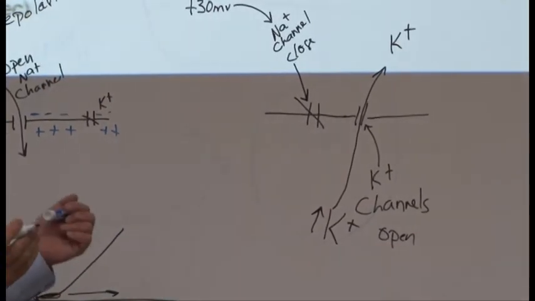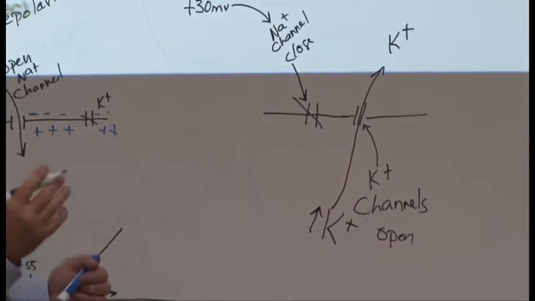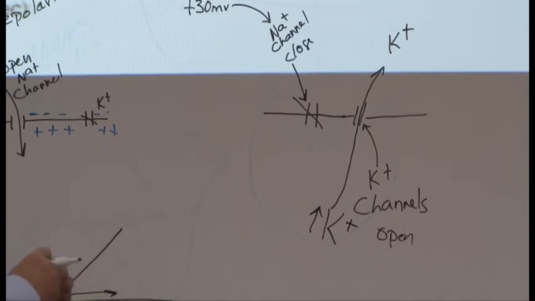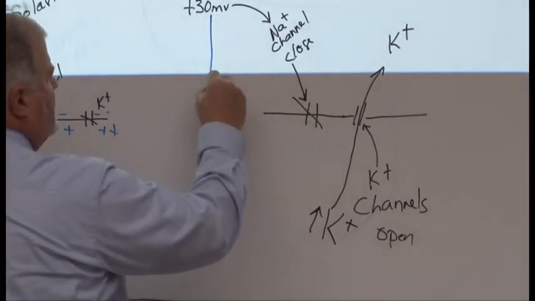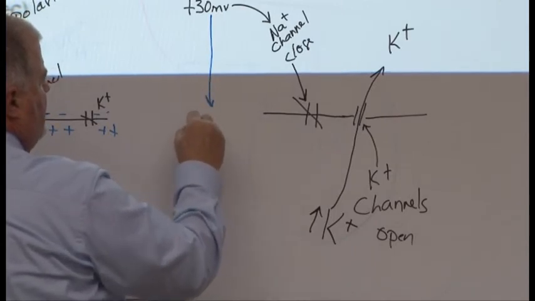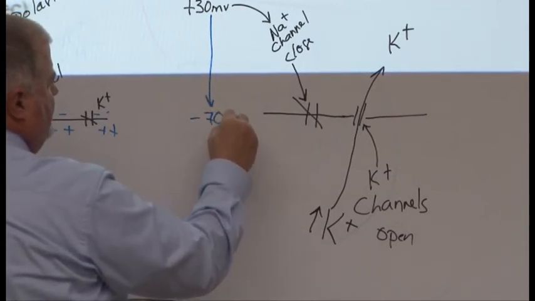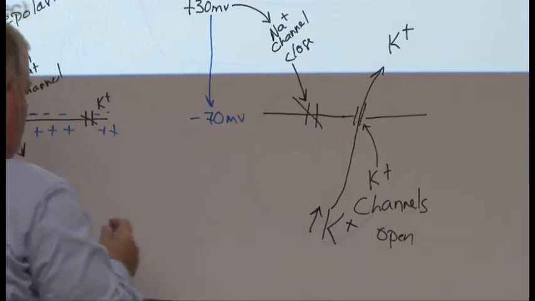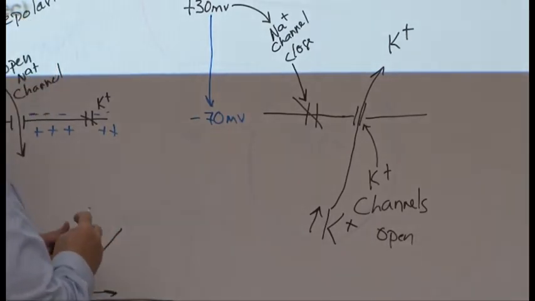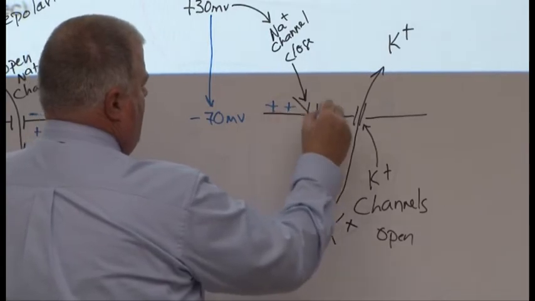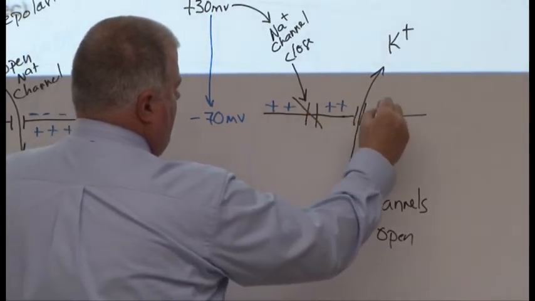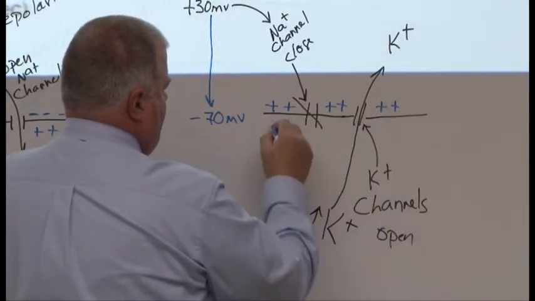Now we're going to move the membrane back toward minus 70 millivolts. And as it does that, it's going to become positive on the outside again and negative on the inside.